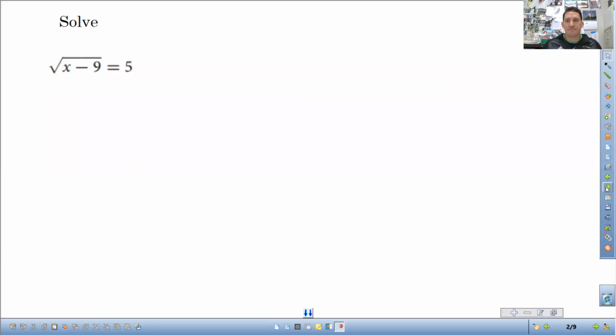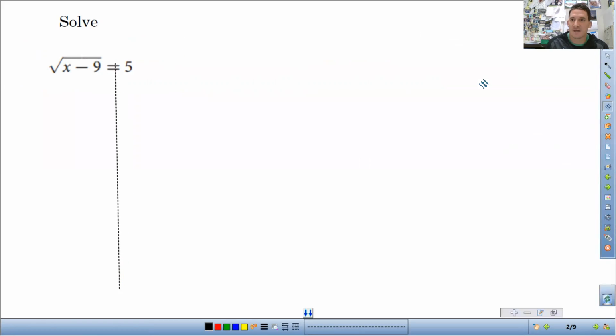So starting off, real basic one, square root of x minus 9 is equal to 5. To solve, first thing, use a line of separation, help me keep track of different sides of the equation. What you need to remember, what's important, is that the opposite of the square root is squaring it. So I'm going to square both sides.